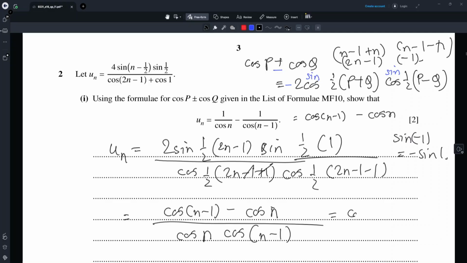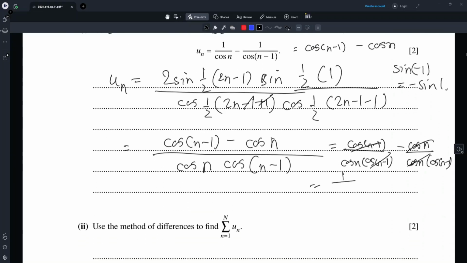If I do that, then I can cancel these two out. I can cancel these two out. So I get here 1 by cos n minus 1 by cos n minus 1.